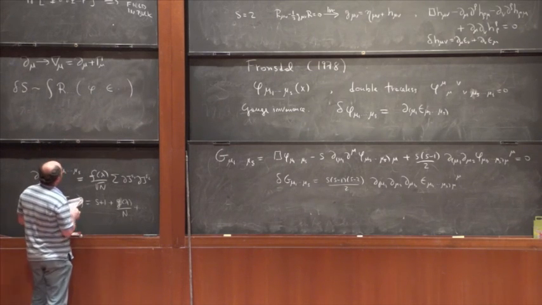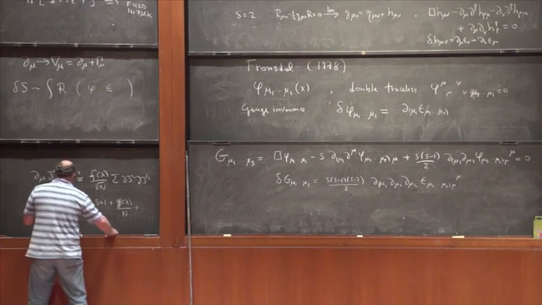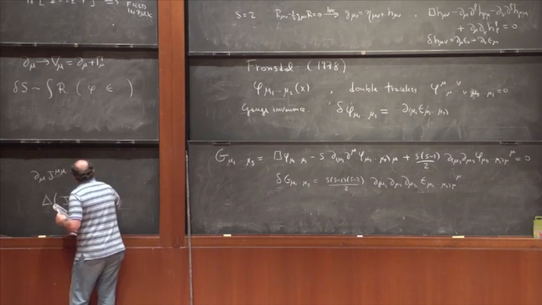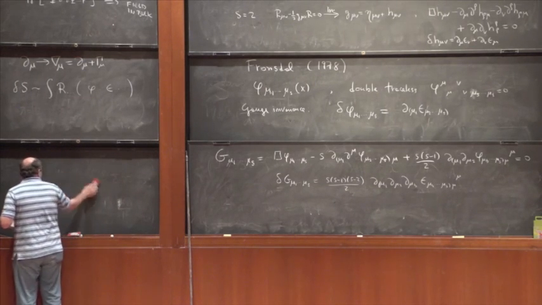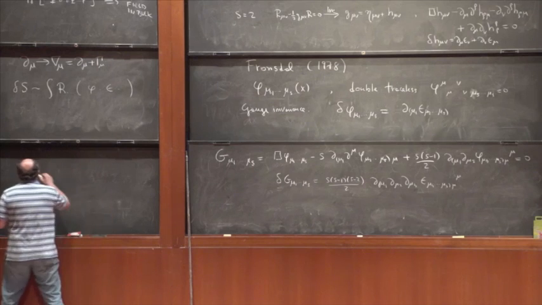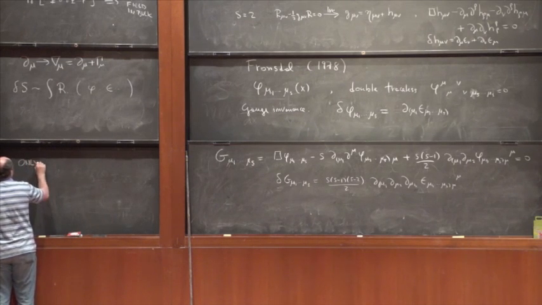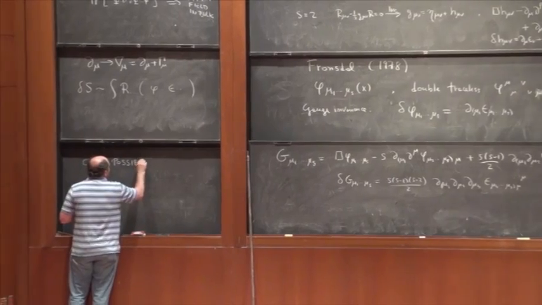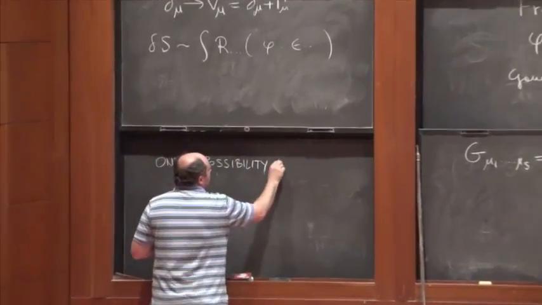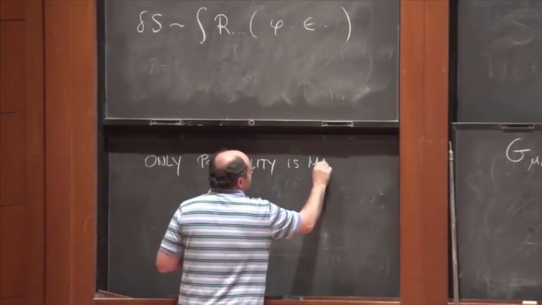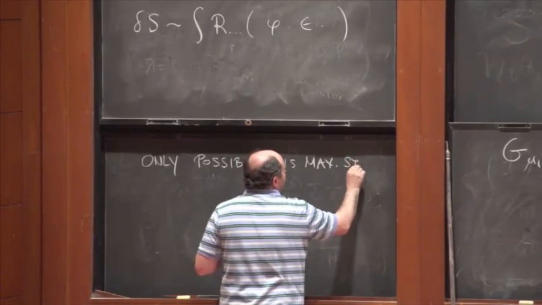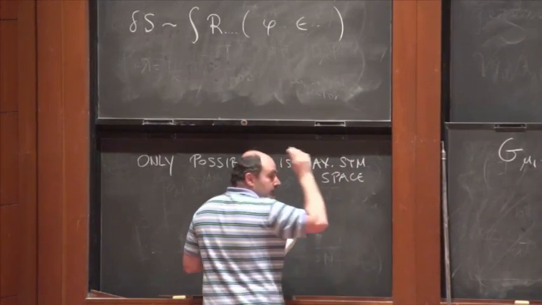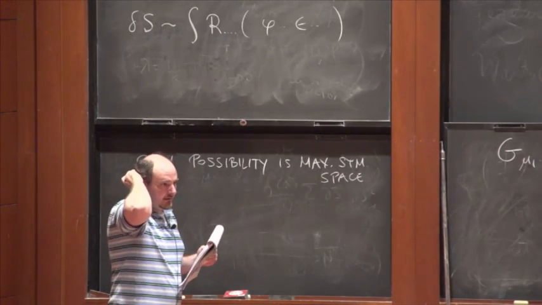So the only possibility is a maximally symmetric space, so of course flat or de Sitter or anti-de Sitter.